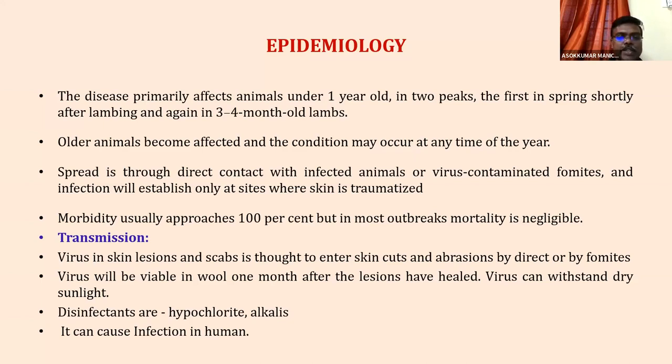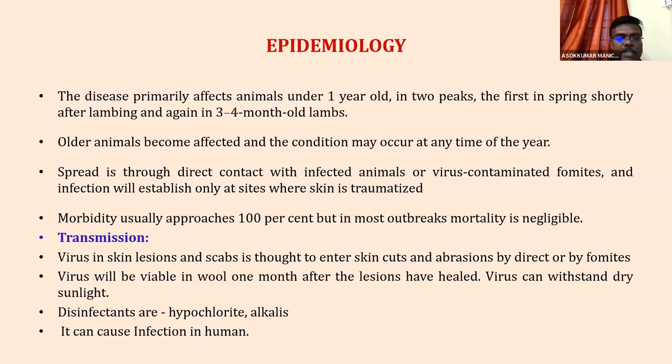The spread is through direct contact with infected animals. Obviously, when the stock density increases, there is a chance of close proximity between affected and susceptible animals, and the virus is contracted very easily, or through virus-contaminated fomites. Whenever the animal goes for grazing, there is a chance of contact with scab from infected animals, and they contract the virus, or through fomites.